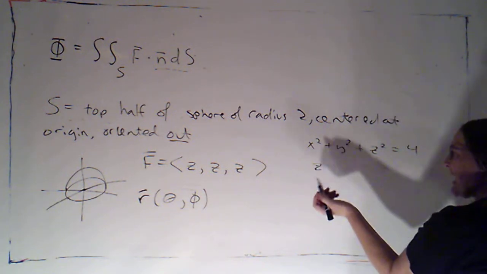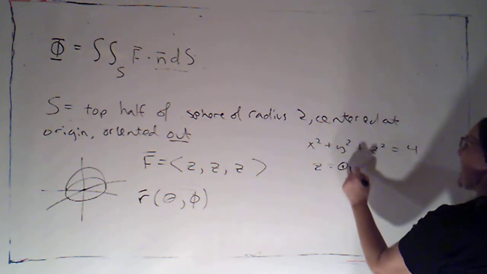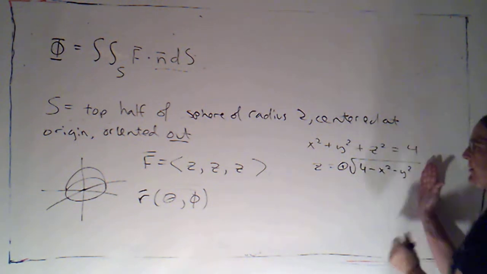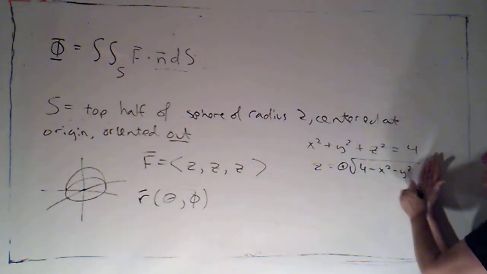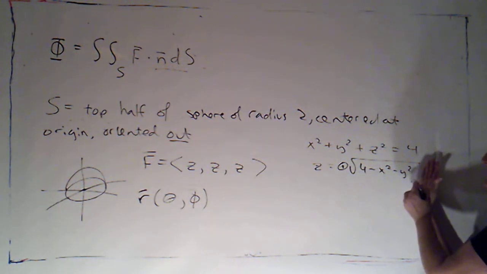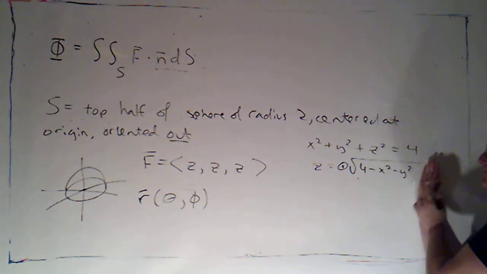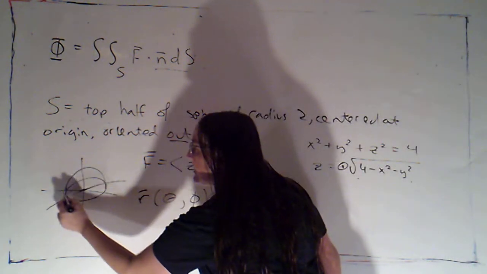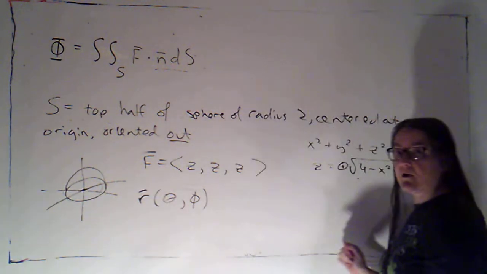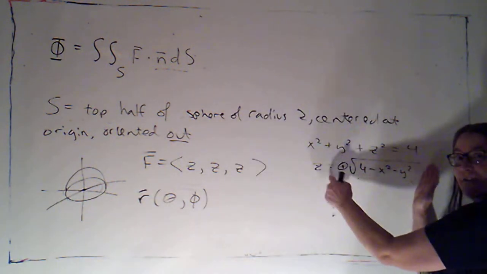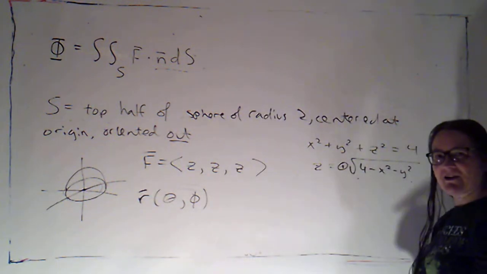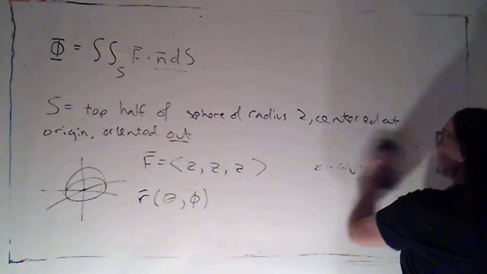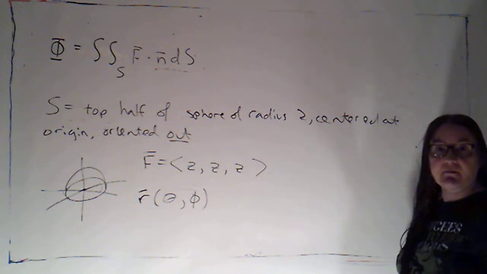So the top half of it would be z equaling the positive square root of 4 minus x squared minus y squared. But this square root is going to be 0 on the circle of radius 2 where the sphere intersects the xy plane, because my z value is 0 there. And my partial derivatives would put this exact same radical in the denominator, so I would get an improper integral if I tried to use that parametrization.